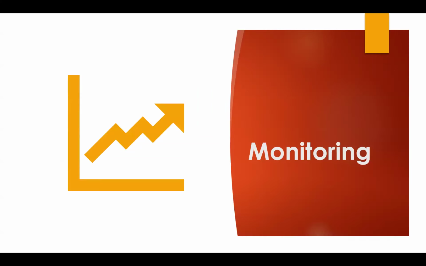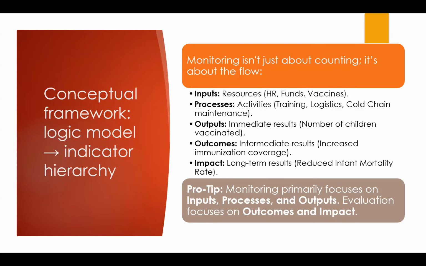Let's start with monitoring. Monitoring isn't just about counting, it's about the flow. So, for monitoring, we have a logic model which is about the indicator hierarchy. It has inputs. Inputs are the resources, which can be human resources, funds, vaccines, etc. Then we have processes, which are the actual activities like trainings, logistics, cold chain maintenance, etc. Then we have outputs, which are the immediate results.